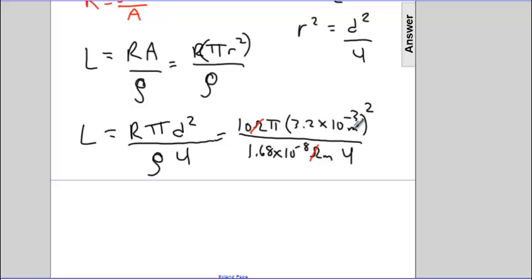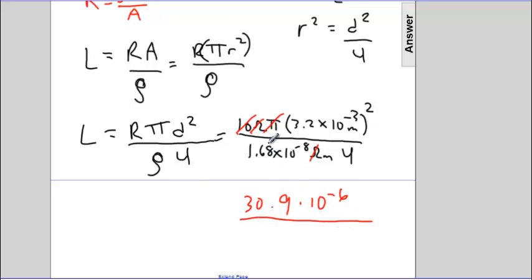Let's approximate. Pi is 3.14. Sometimes in my world I'll just call that 3. What is 3 times 10? That's 30. So we're accounting for the 10 and the pi. Next we're going to square everything inside of the parentheses. What is 3.2? That's almost 3. So what is 3 squared? That's 9. What is 10 to the negative 3 squared? That's 10 to the negative 6.